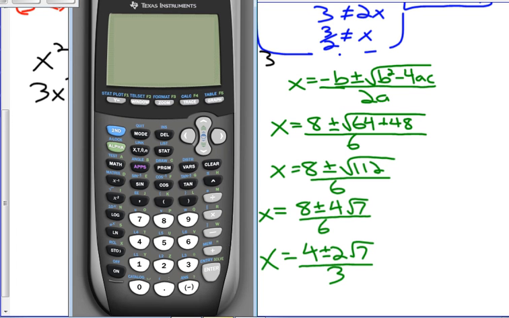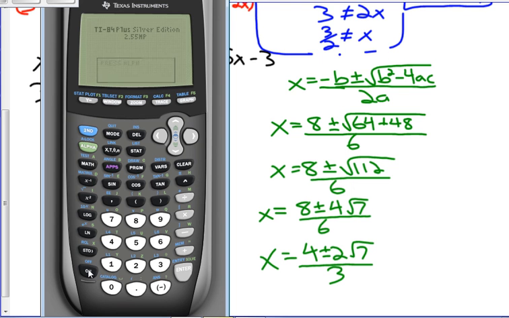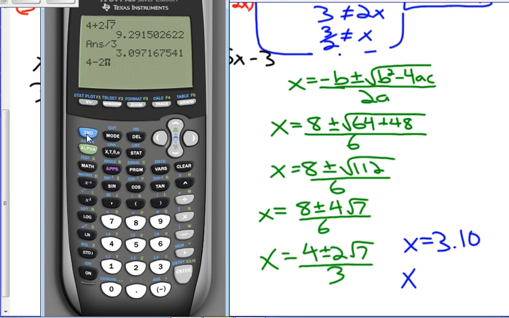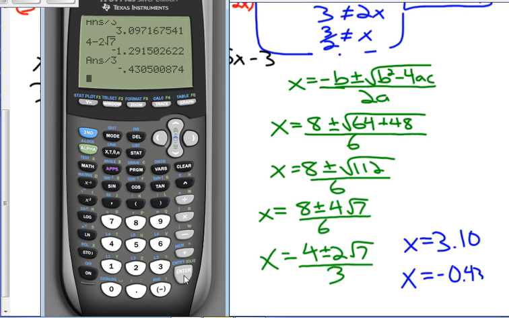If you wanted to figure out what the approximate solutions are, well, you just go to your calculator and put in 4 plus 2 root 7, and then divide that by 3. Gives us 3.10 to 3 sig figs. And if we did the subtracting part, square root of 7, and then divided that by 3, we'd get negative 0.431.